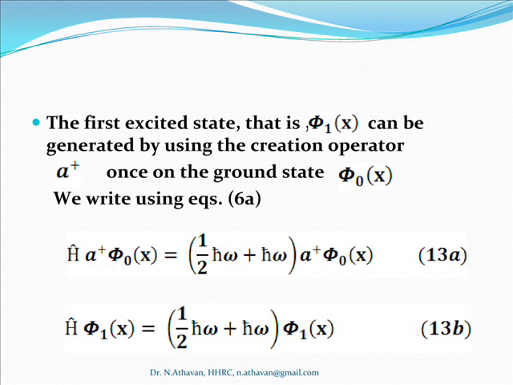We write using equation 6a, Hamiltonian operator into a+ φ0 of x is equal to half ħω plus half ħω a+ φ0 of x. That is H φ1 of x is equal to (half ħω plus ħω) into φ1 of x.